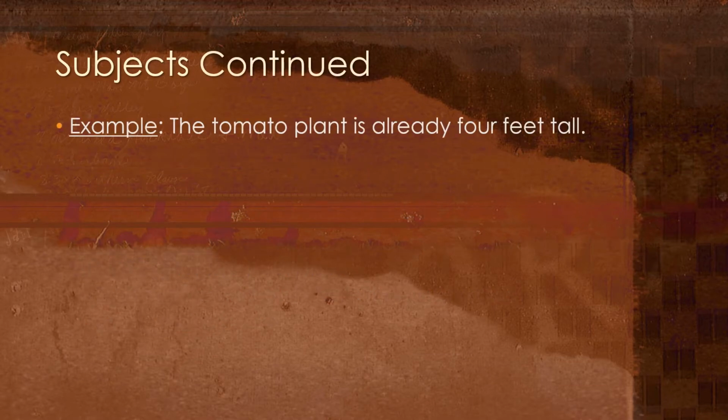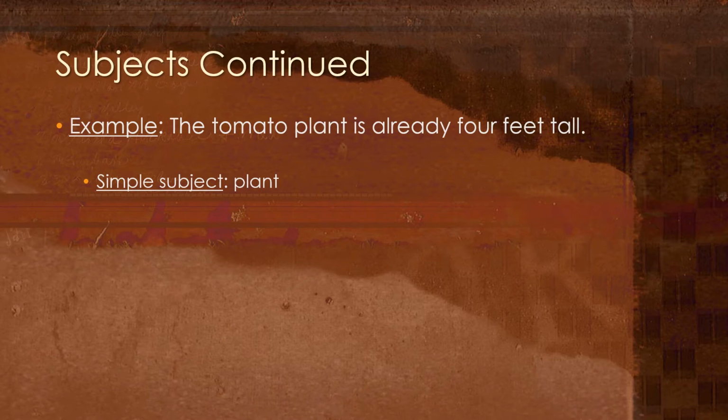Now, a couple more examples here, just to kind of give you a few more. We have the tomato plant is already 4 feet tall. Okay, here we actually have a couple of nouns working together. Okay, we have plant, we have feet. Okay, in this case, though, the simple subject is going to be just plant, right? Because we're already discussing just the noun that's doing the action.